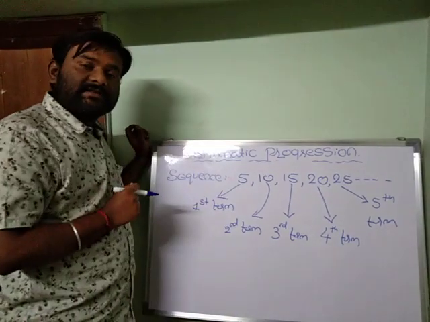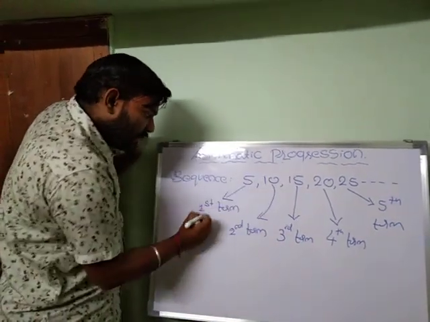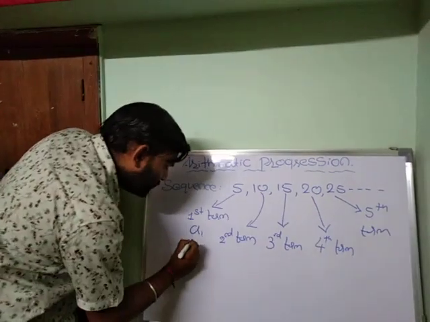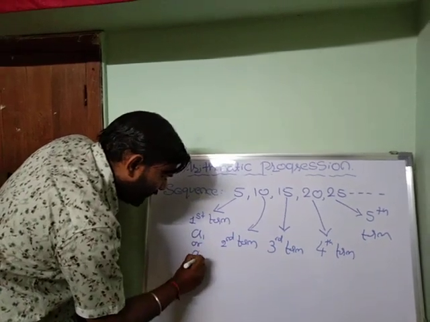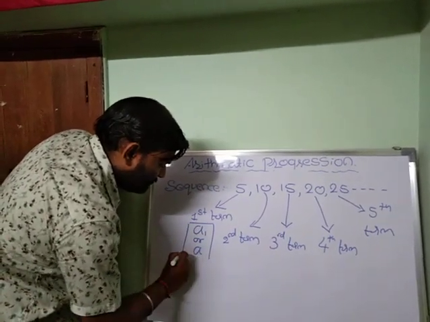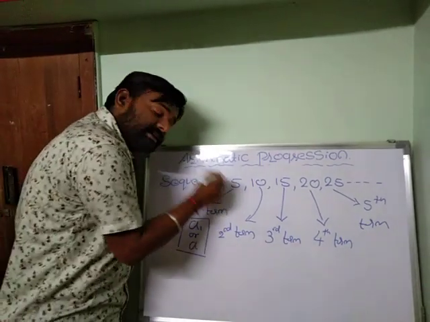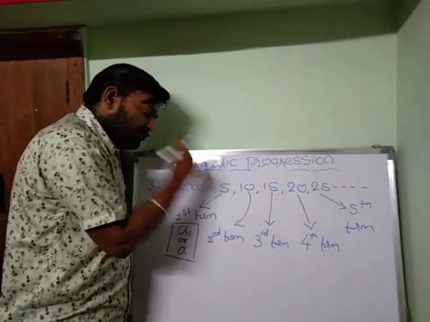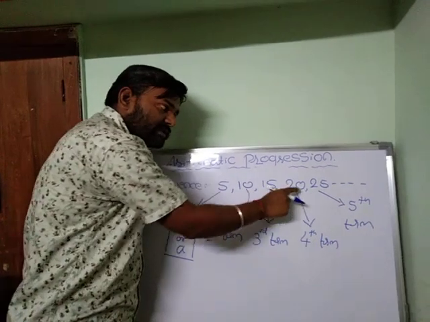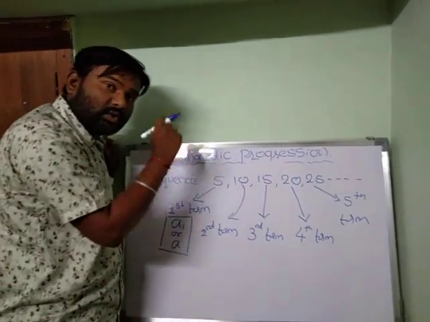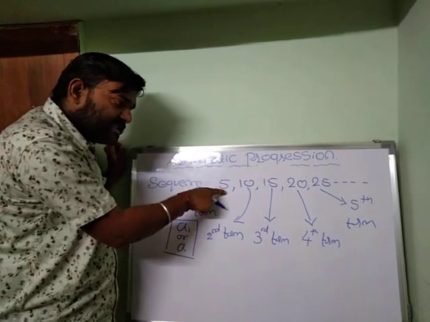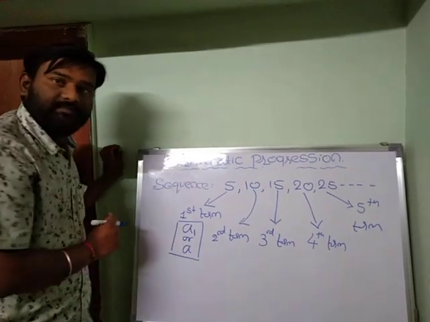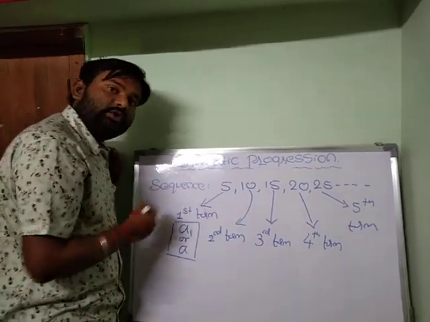In those sequences, the first term is always written as A1, or simply A. I am repeating: for a sequence that follows a certain law or rule, the first term is indicated by either A1 or A. Why it is so, I will tell you when I solve numericals.